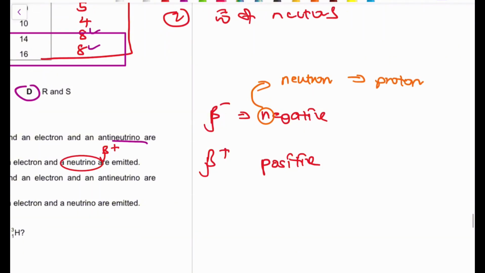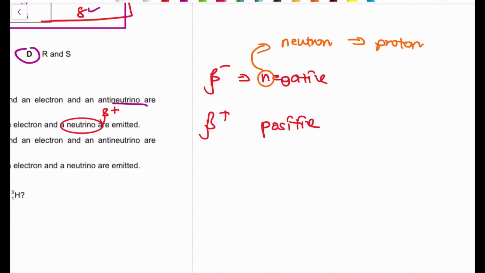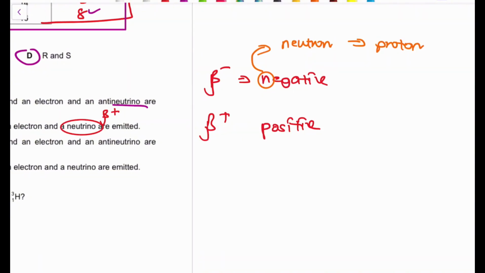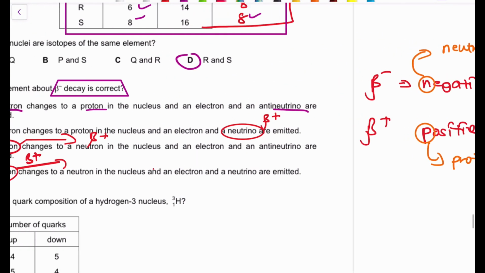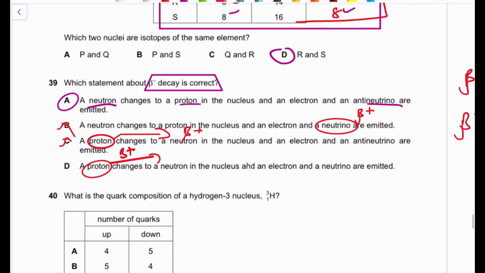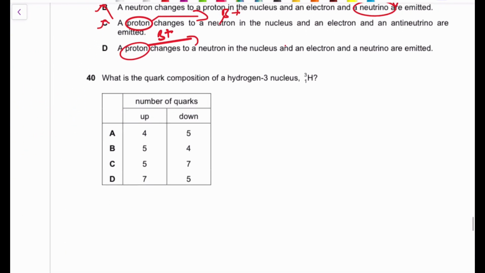So since beta negative starts with an N, that N means a neutron turns into a proton, right? Beta plus, as you've guessed, starts with a P, P meaning what? That a proton turns into a neutron, right? So now, without even thinking, whenever you hear the word beta minus, the word negative, the N means that it's a neutron turning into a proton. Beta positive is a proton turning into a neutron, right? And you'll be able to save space in your mind and memorize other different things, knowing that you can remember that.